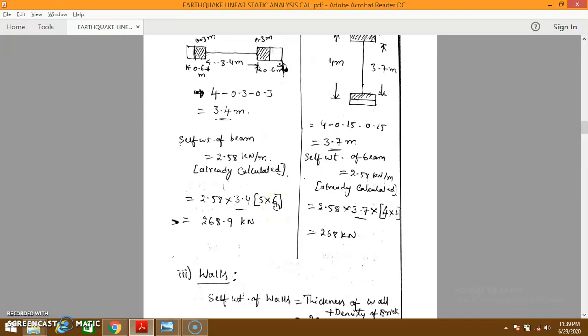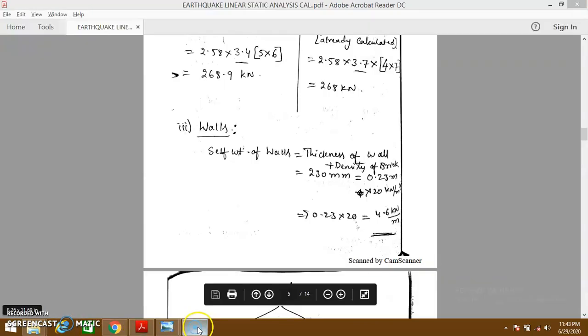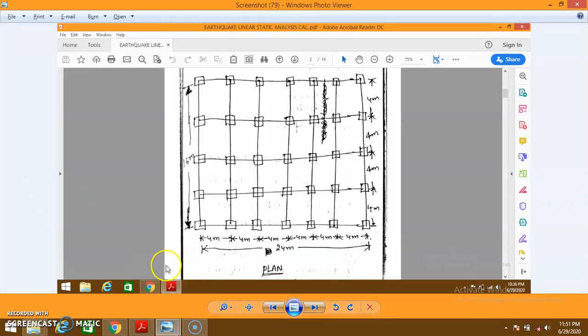In the longitudinal direction, 5 into 6, total 30 beams are there. In the vertical direction, 4 into 7, 28 beams. Counting: 6 in each plane, 5 into 6 is 30 beams in the longitudinal direction.